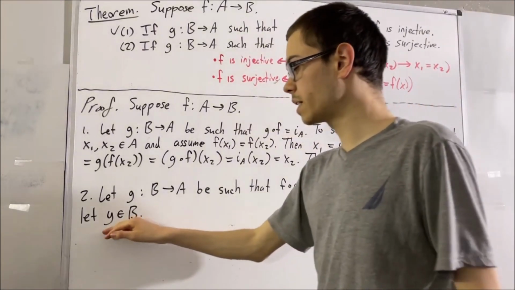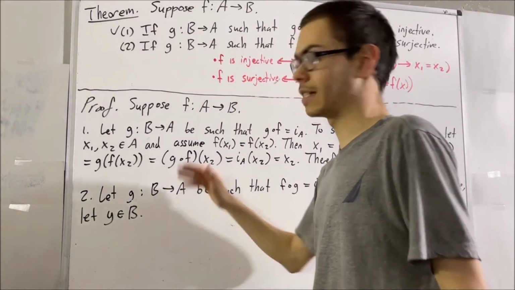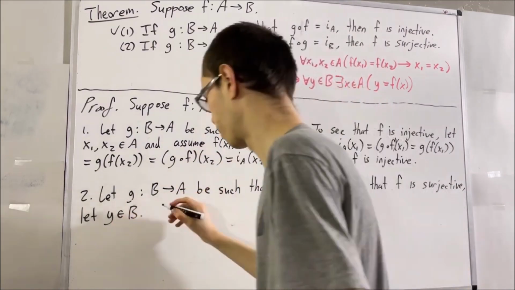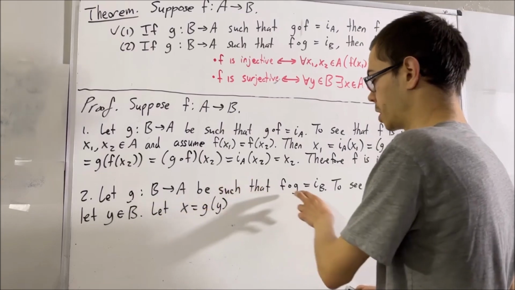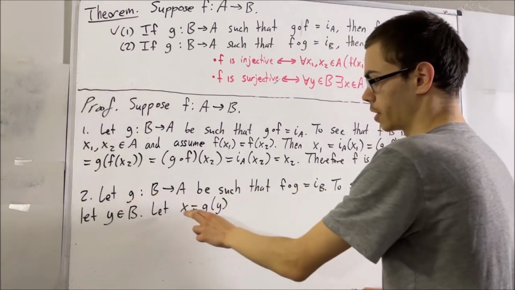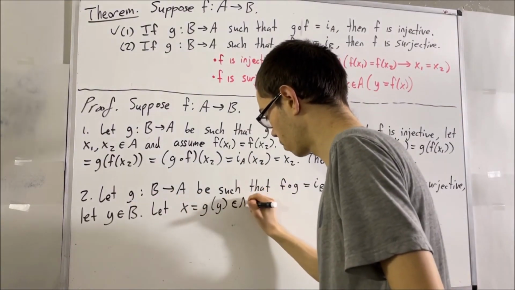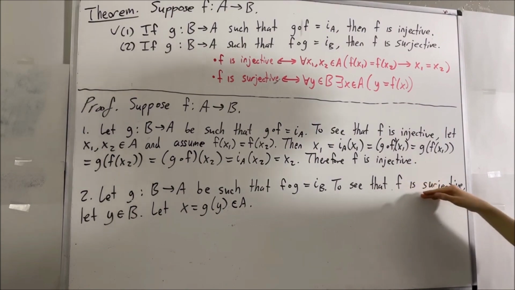Now, because y is an element of B, and g is a function from B to A, I'm just going to let x equal g of y. And because x is an output value of the function g, we know that x is an element of A. Now, remember, our whole goal is to show that f is surjective.